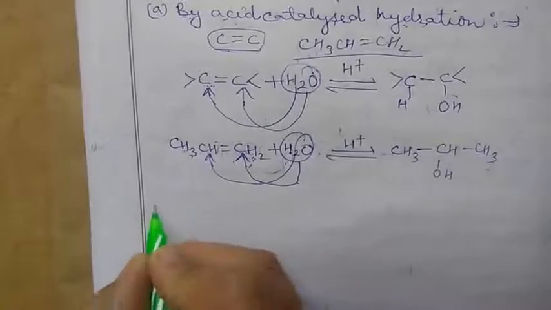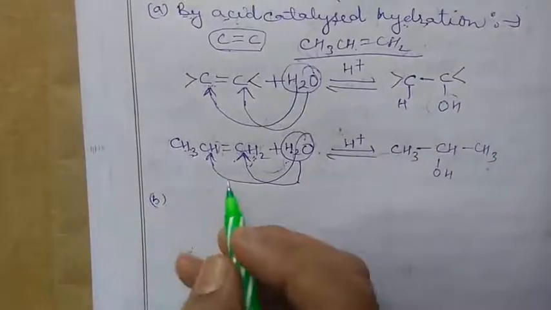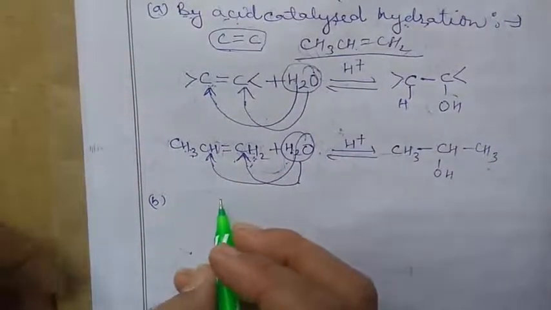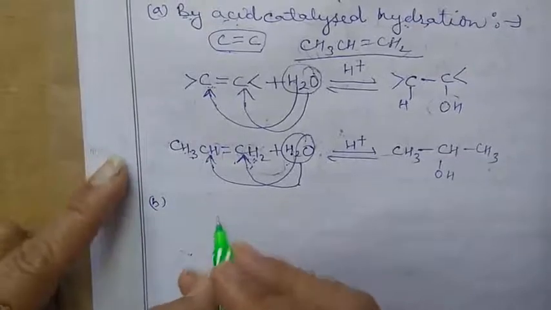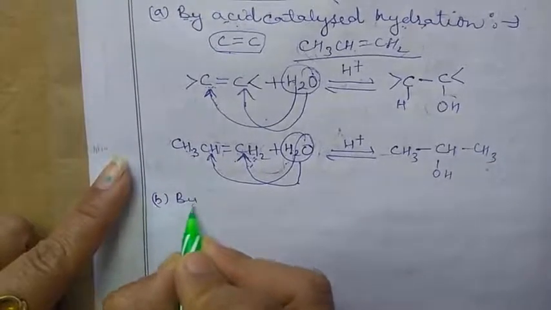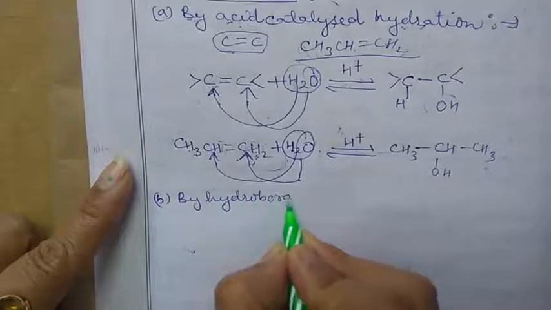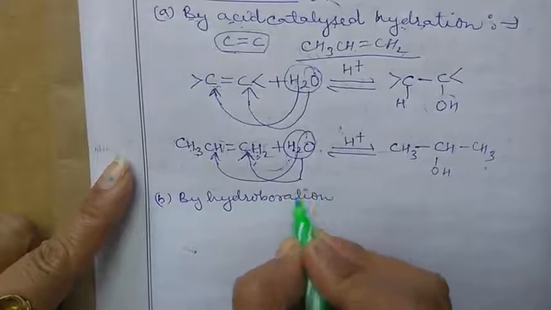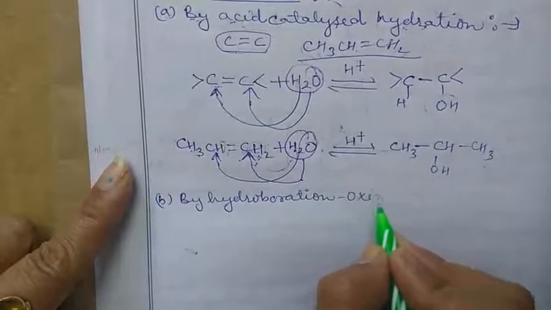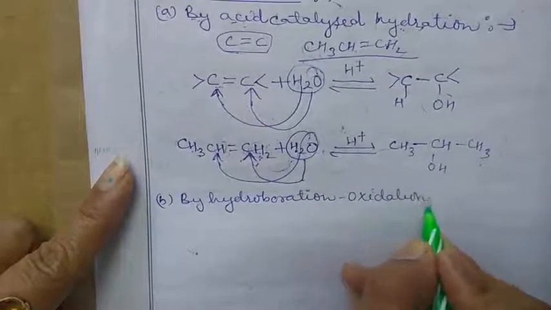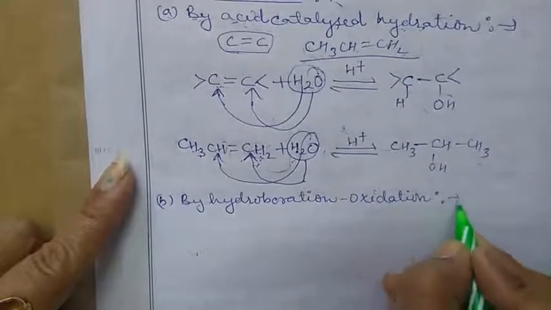Now the second method under the category of the alkene is hydroboration oxidation.